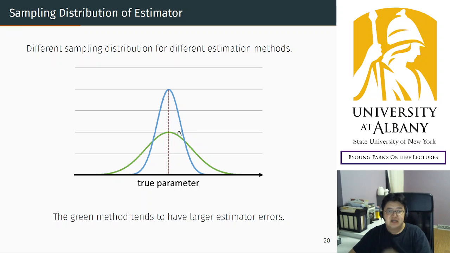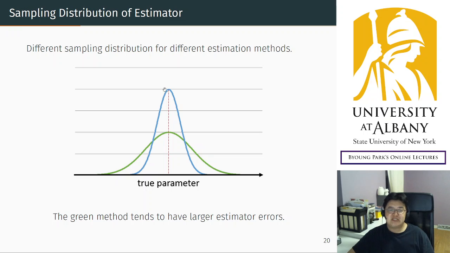That means the green estimator tends to have larger errors. It has larger error like this, with larger error has more probability. But the blue estimator has more probability around the true parameter. So the comparison is obvious.